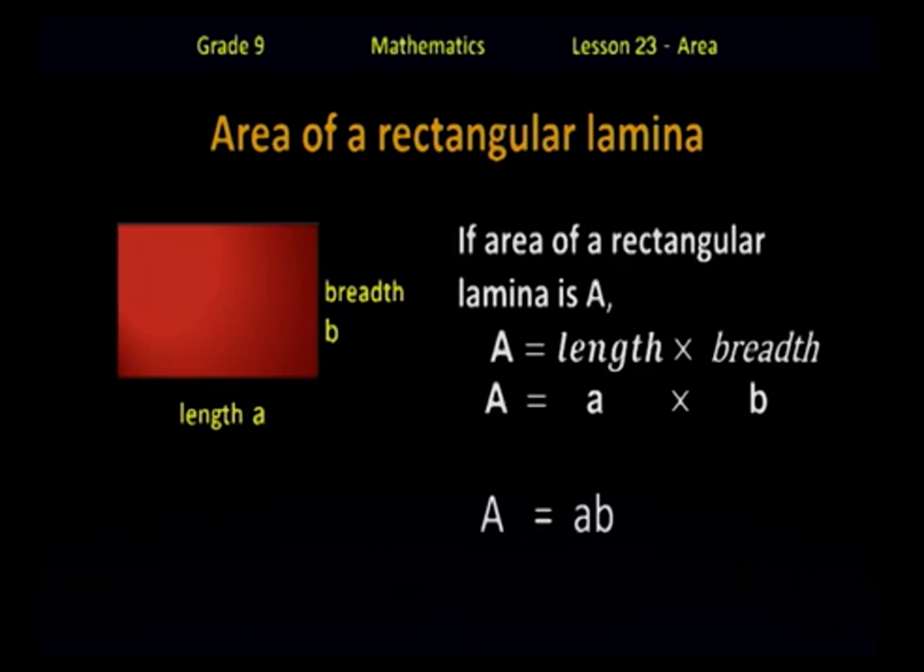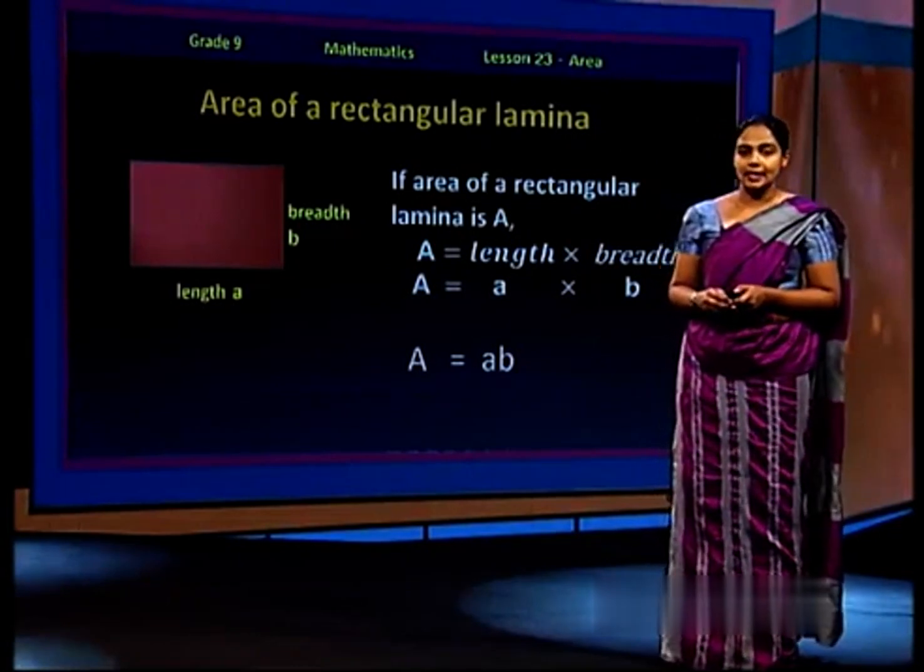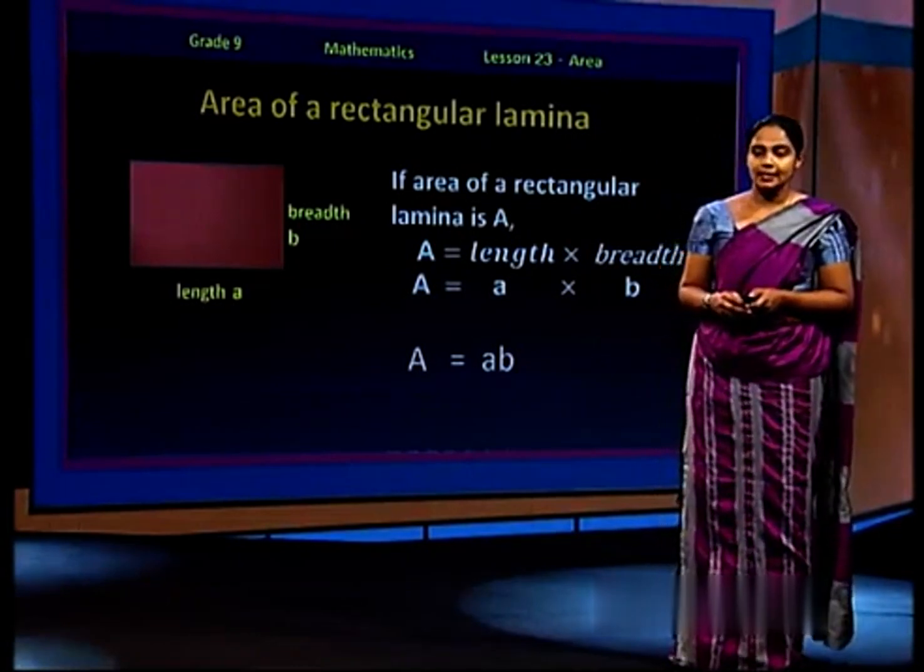Then area is length into breadth. Small a and small b are used for length and breadth. Last, we can write A equals ab. That is the way of finding the area of a rectangle.